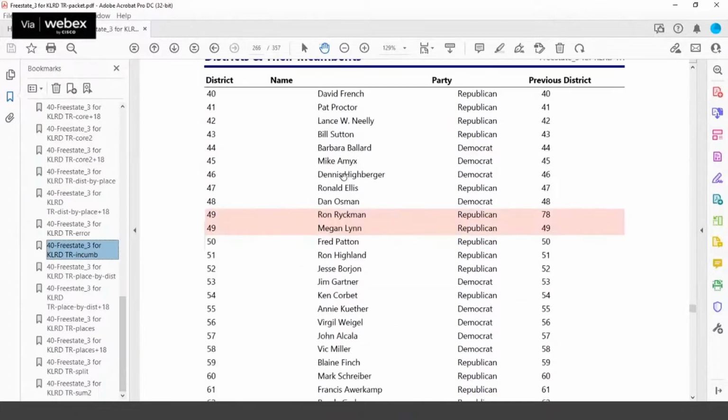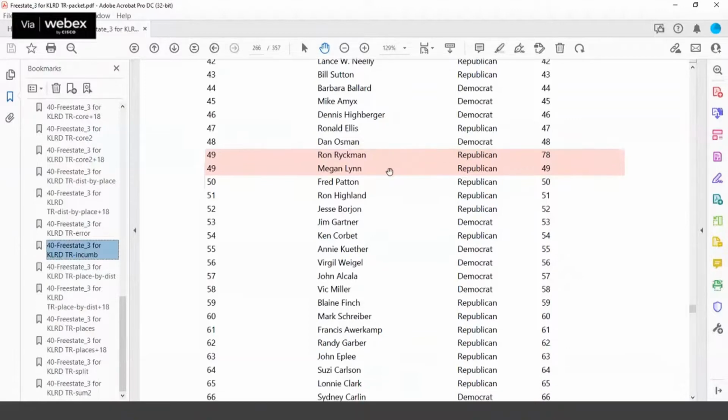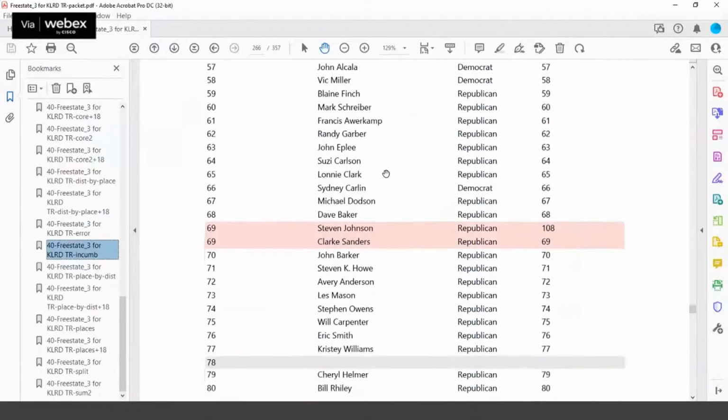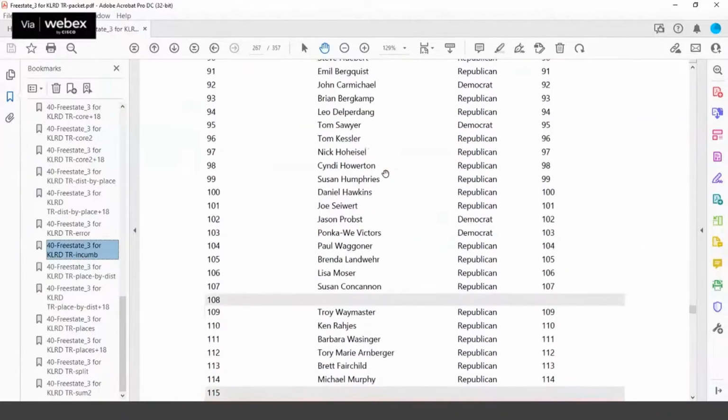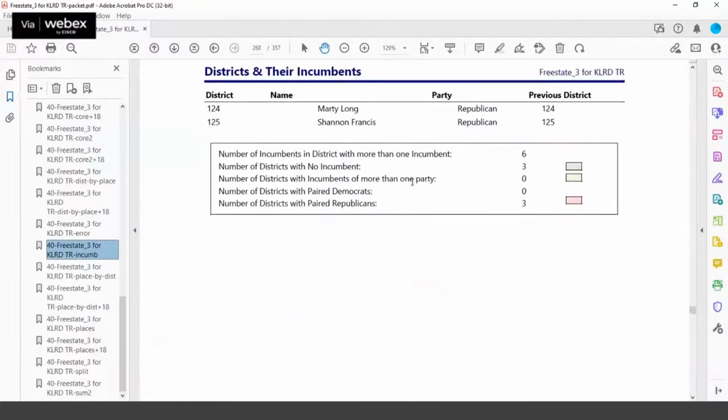When you scroll through this report, if you see any legislators that are marked together as being in the same district, of course, that means that both of those members reside in the new district mentioned on this page. So we've got 2 districts that have incumbents, 3 districts that have incumbents in the same district. And again, there's another summary of that at the bottom of this page. I'd be happy to take any questions if there are any.